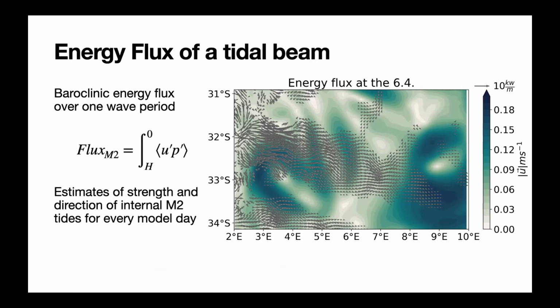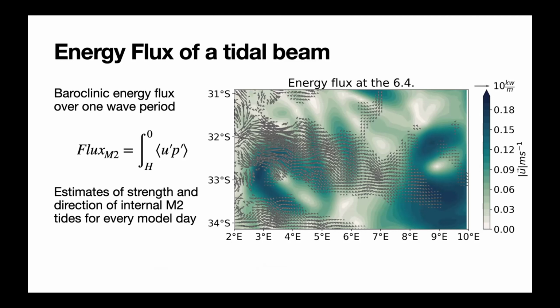To get my anomalies of velocities and pressure, I first take out the barotropic component and then filter for my M2 frequency, and then do the flux calculation. And with this, I don't just get an amplitude, but I also get a direction in my horizontal plane, so an XY direction of the flux.